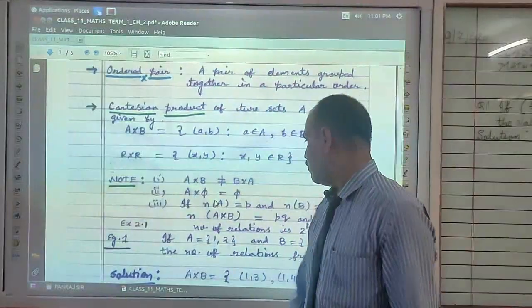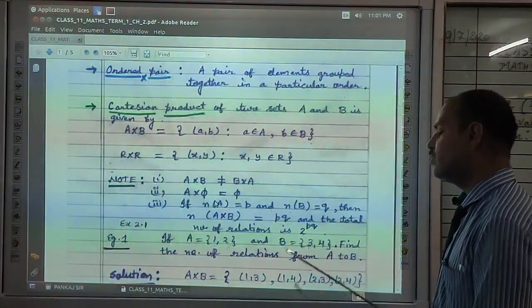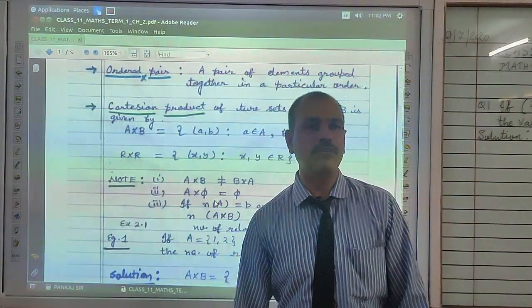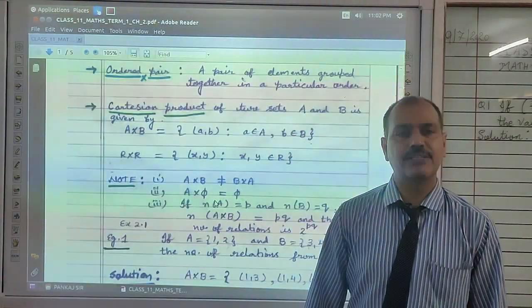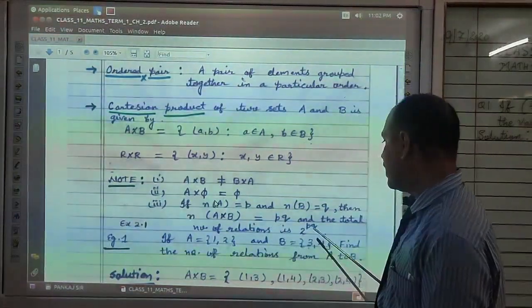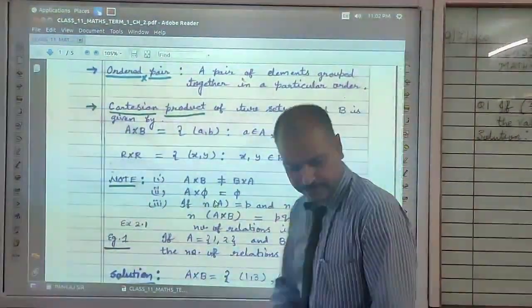The total number of relations is equal to 2 raised to the power pq. This is the formula for the total number of relations. Example 1.